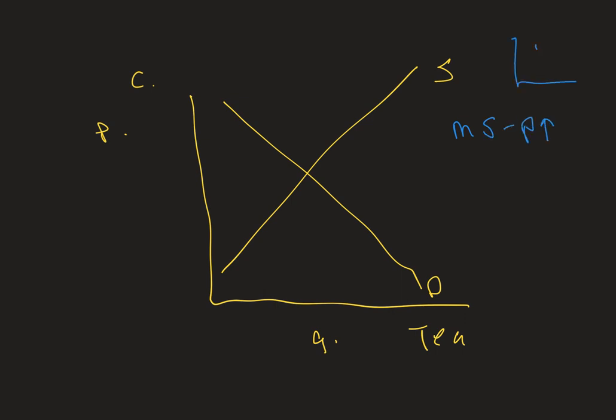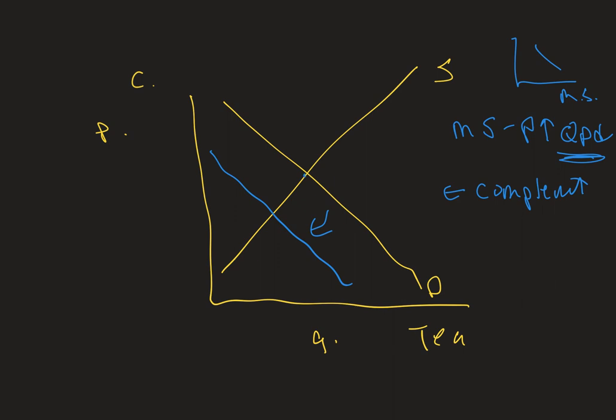Based on the law of demand, if the price increases, the quantity demanded decreased. If T is a complement and the quantity demanded of maple scones is decreasing, the demand curve for T is going to shift.